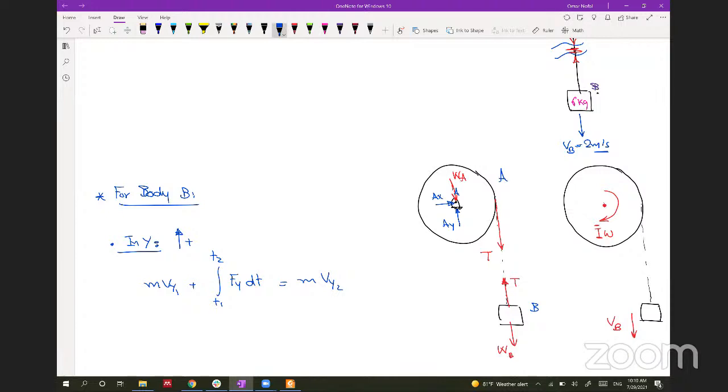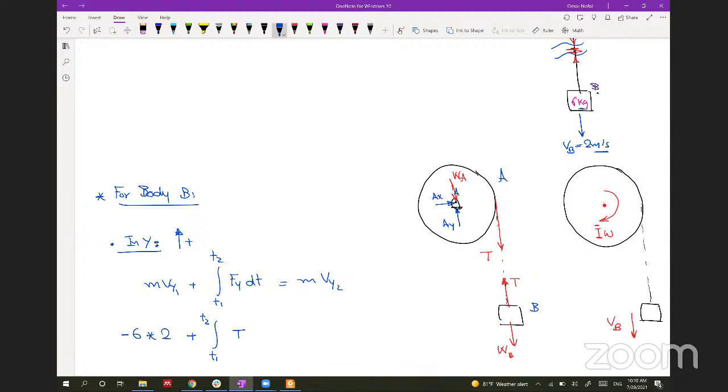The mass is 6 kilograms for this body. So we will have negative 6 multiplied by vy1, which is 2 meters per second. And plus Fy, the forces in the Y direction: we have T in the positive direction and weight in the negative direction. So we'll integrate from T1 to T2.